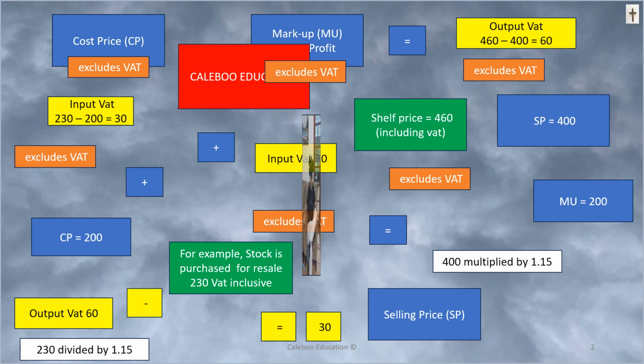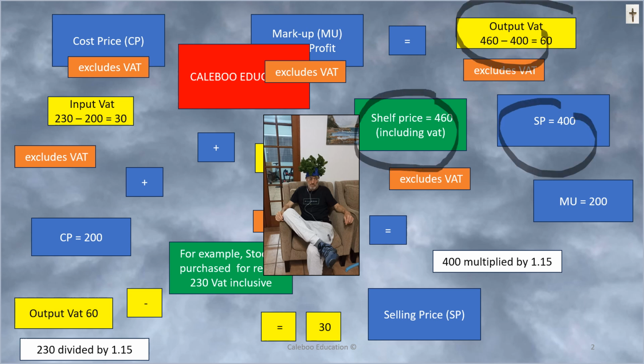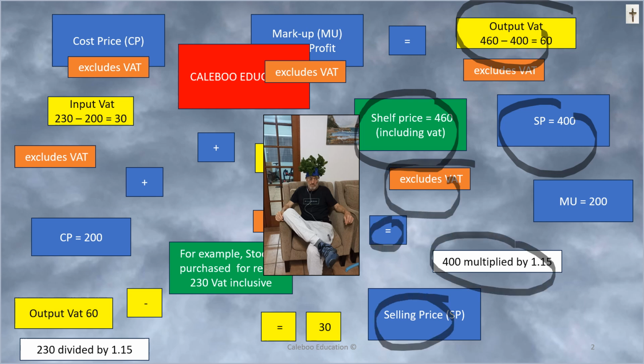So what I'm going to do is take output VAT, input VAT, cost price, selling price, markup, and put this slide into some order in your mind. Hopefully I'm going to clear up everything with regard to cost price, markup, and selling price.